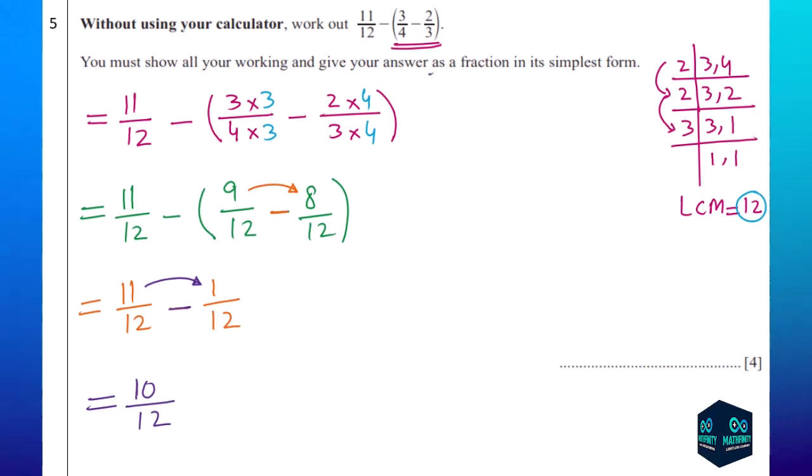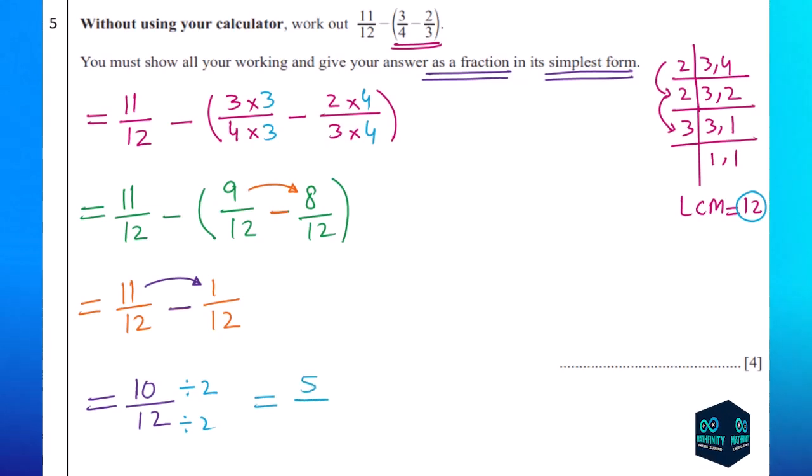And read the statement, give your answer as fraction in its simplest form. Simplest form means we have to check that both numerator and denominator are divisible. Yes, both are divisible by 2. So what will be the final answer? 5 over 6.